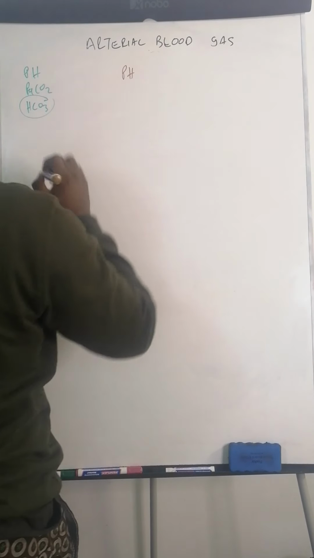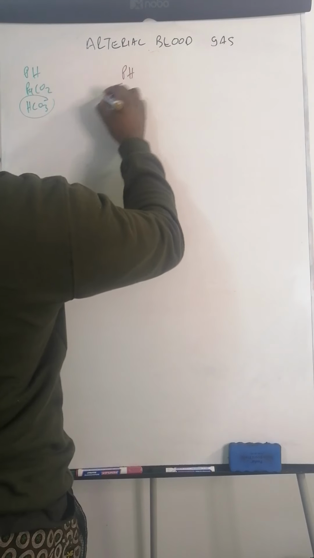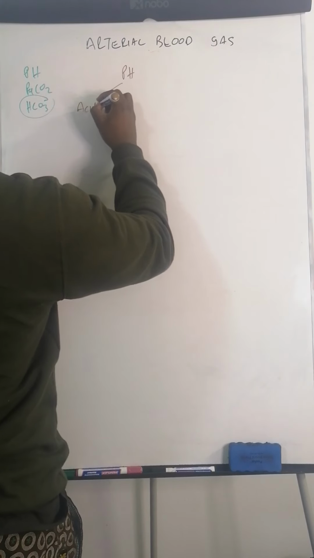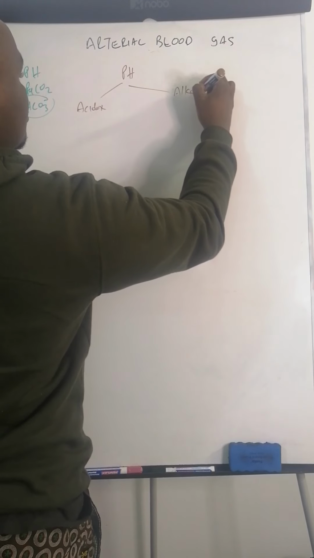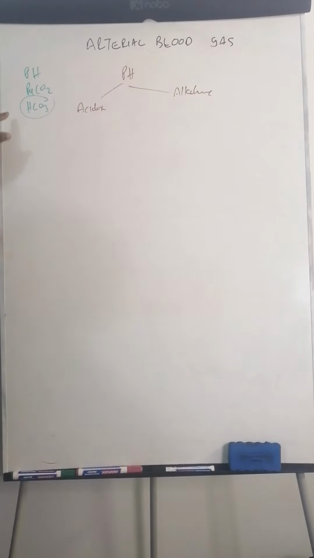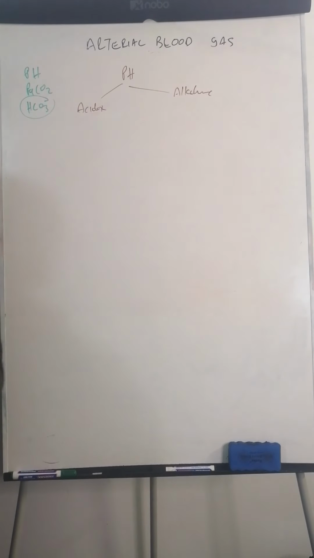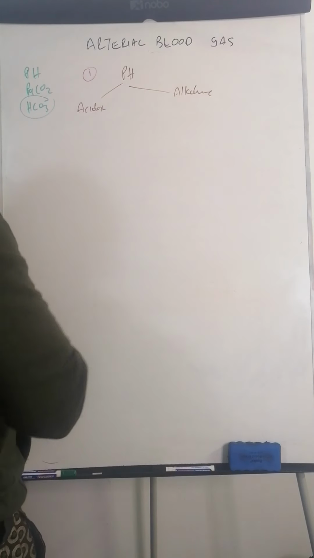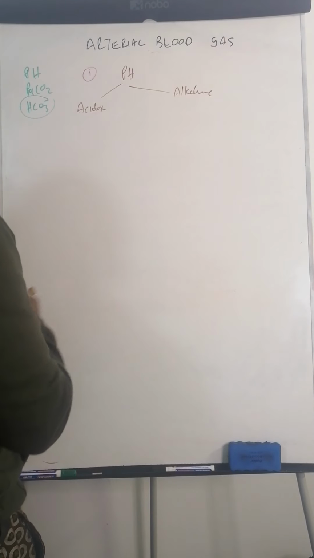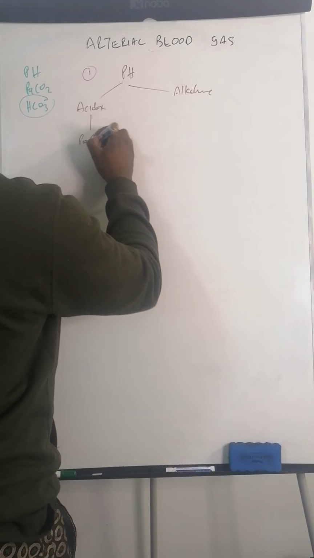Decide if your pH is acidic or alkaline. I want to bring bicarbonate into this now. So we said number one, look at the pH. Number two, look at the partial pressure of CO2.